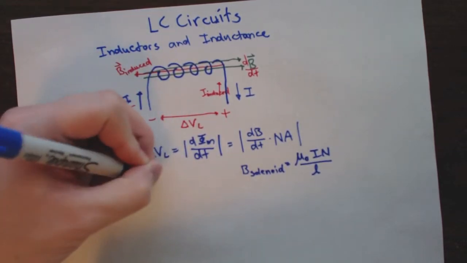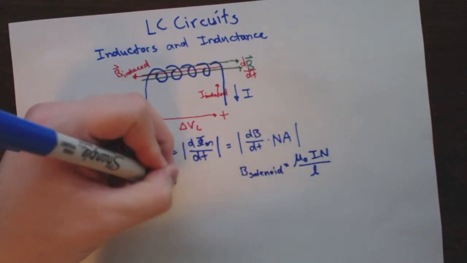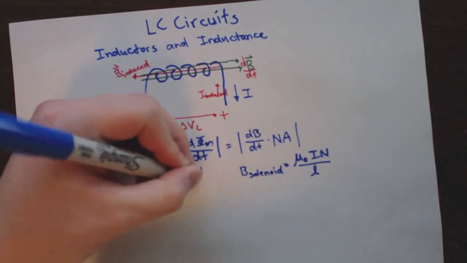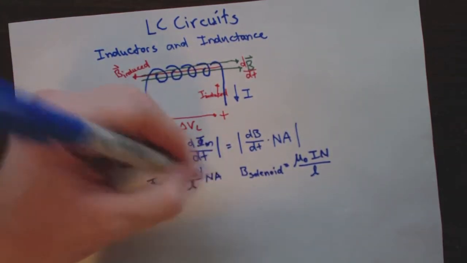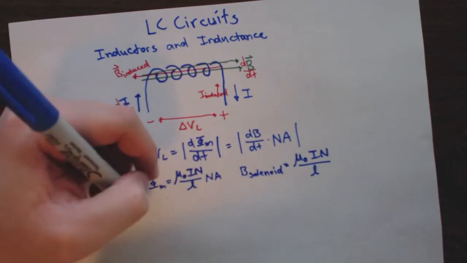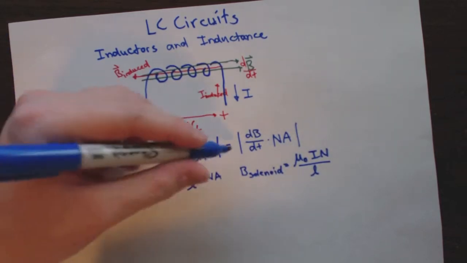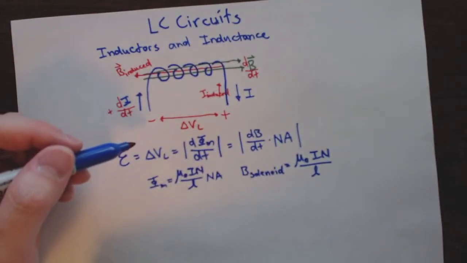The field from a solenoid is given by the equation there, and so then your flux is, you throw all your mu naught N over L in there, and then you're going to differentiate that with respect to time. All those terms are essentially constant except for the current. The current's the only thing that's changing with time.